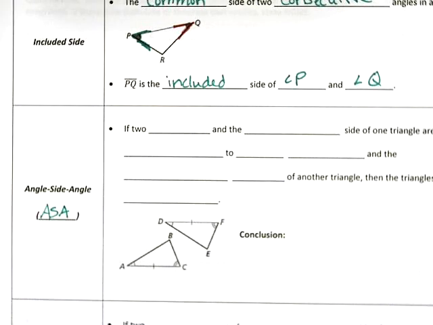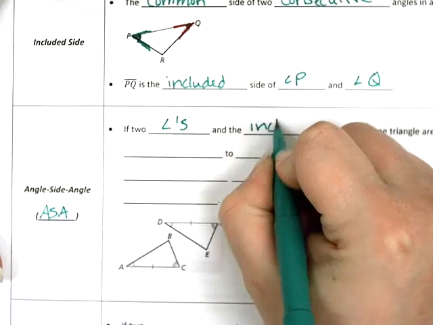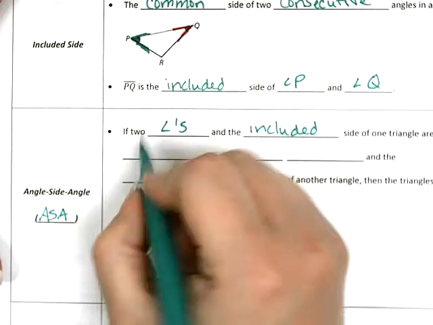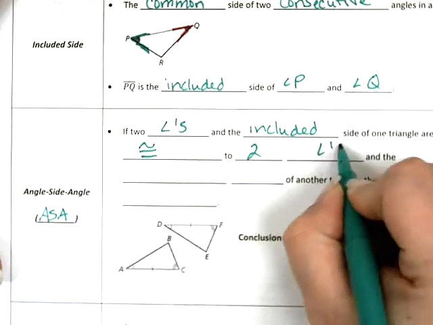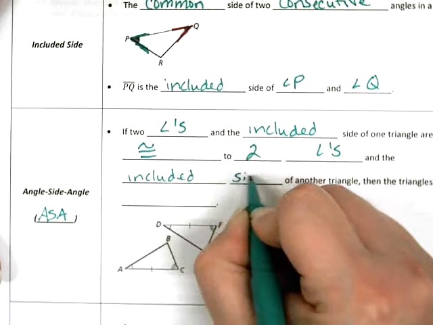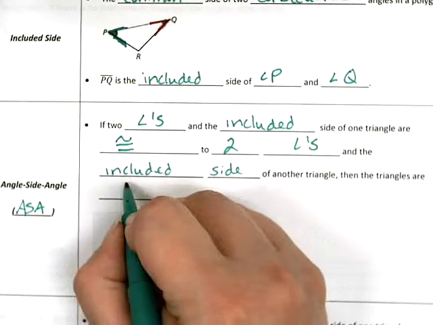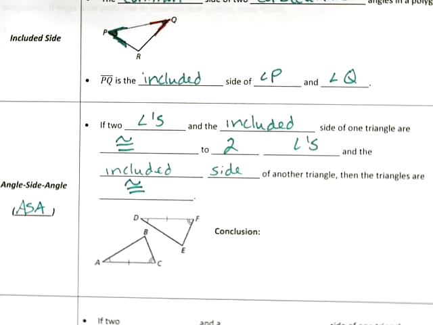Okay, if we have two angles and the included side of one triangle, if they're congruent to two angles and the included side of another triangle, then our two triangles are congruent. Okay, so essentially if we've got two consecutive angles, their included side, if we've got those marked congruent, then we get to use this shortcut ASA.